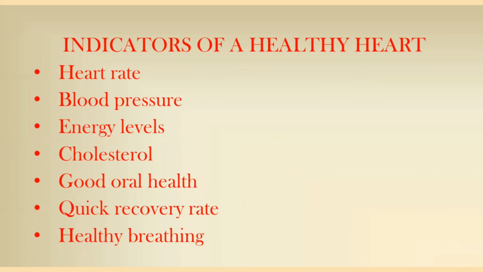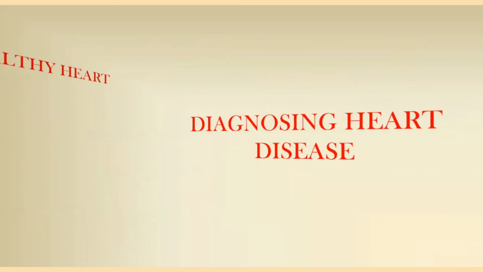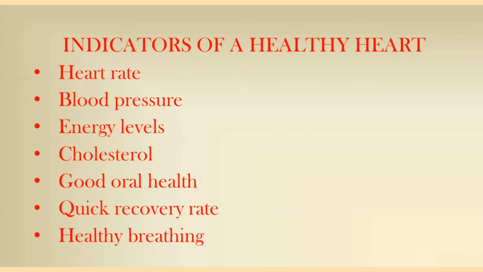Quick recovery rate, that is heart rate recovery, is a measure of change in your heart rate after you have stopped a workout or another high intensity activity. Fine. So these were the indicators of a healthy heart.